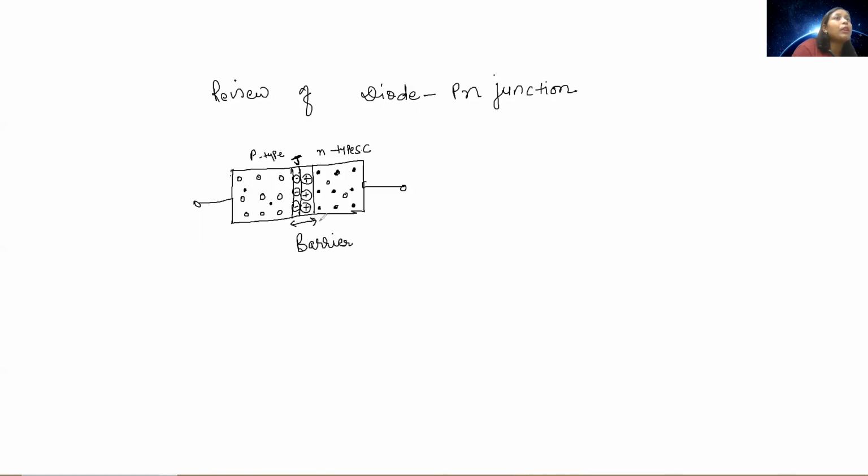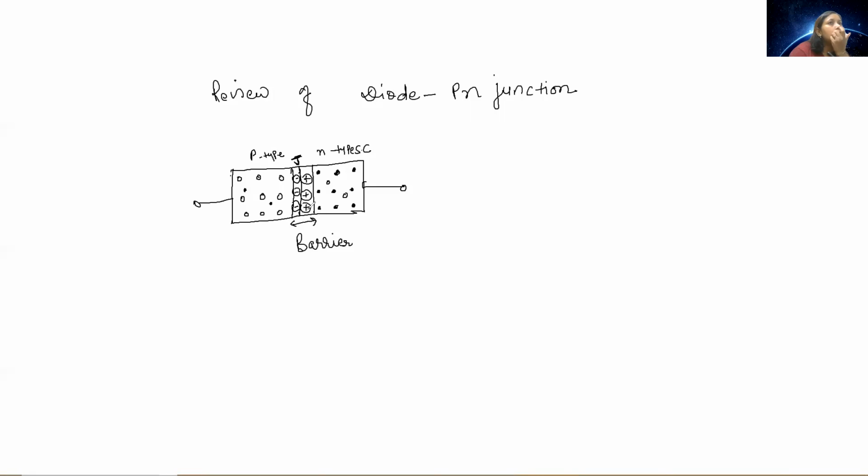It has got the energy to oppose the majority charges of p-type and n-type semiconductors to cross the junction. Therefore this region is also called the potential barrier region. So I told you the three names of this region: depletion region, potential barrier region, or immobile ion region.